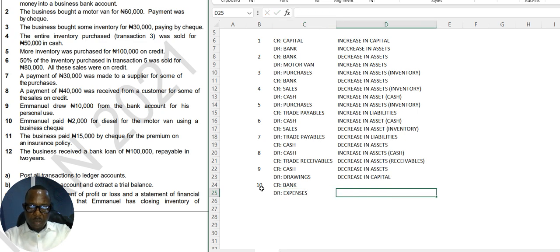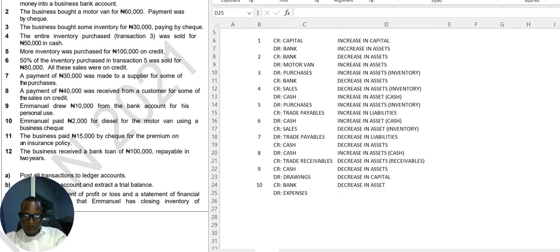And this one, debiting expenses and crediting bank, means a decrease in assets. Our cash reduced, so our assets reduced, and it shows an increase in expenses.